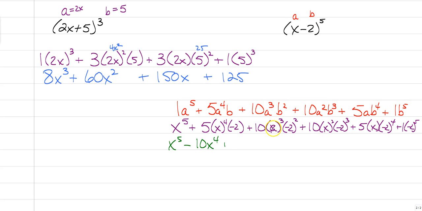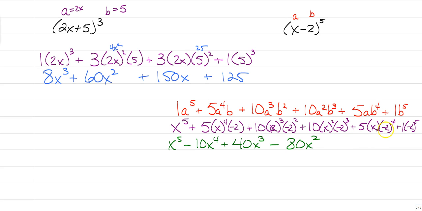So that would be 40x cubed. And then again, this is going to be negative 10 x squared. Negative 2 cubed is negative 8. So negative 8 times 10 is negative 80 x squared.